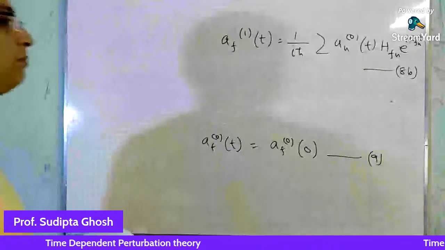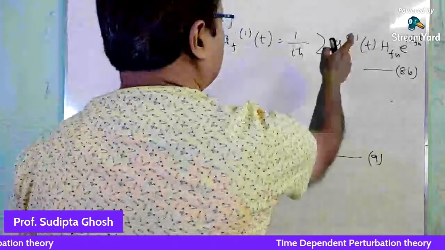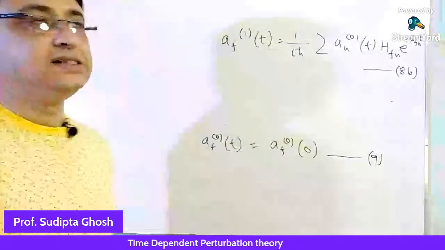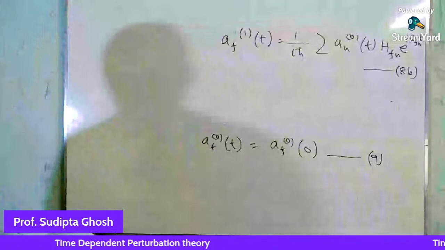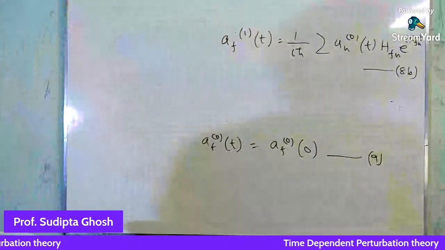Now by using equation 9, I can write a_n0 at time t equals 0, that is a_n0(0), H prime_fn e to the power i omega_fn t.